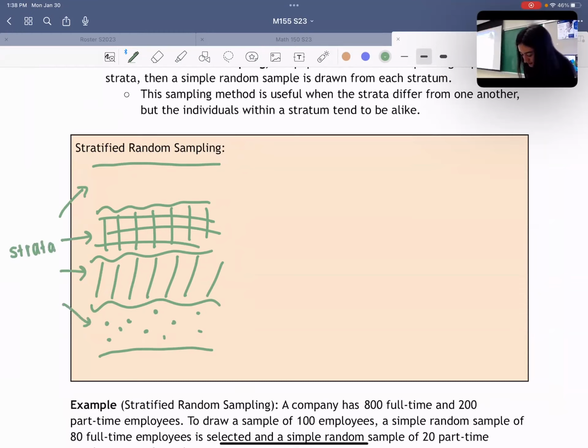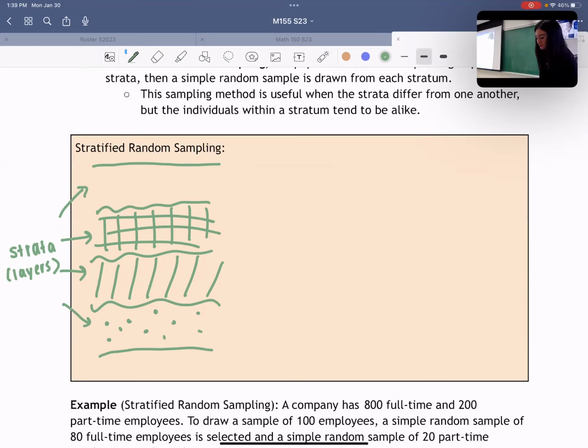So strata are the layers of rocks. And they're called strata because each layer of rocks shares certain properties. So maybe the bottom rock is red, the middle rock is blue, and the top rock is gray. They all share the same qualities together, okay?